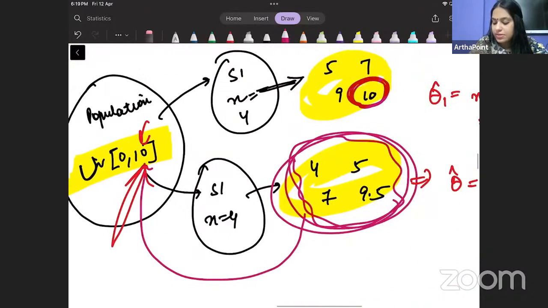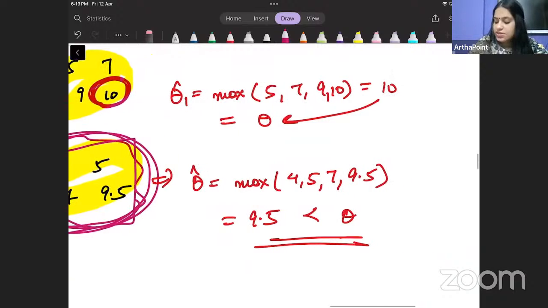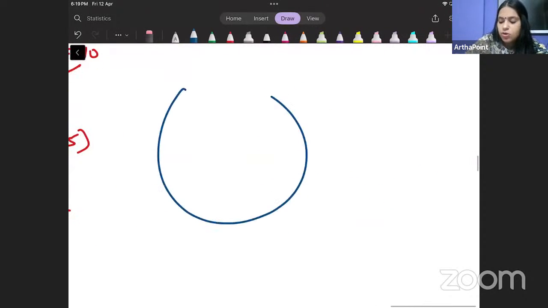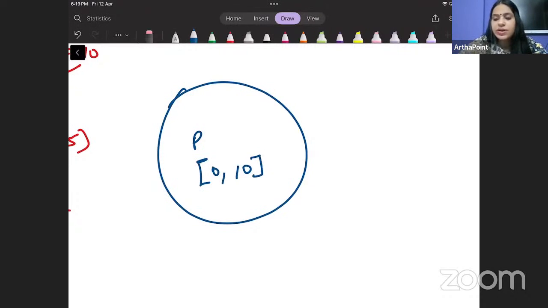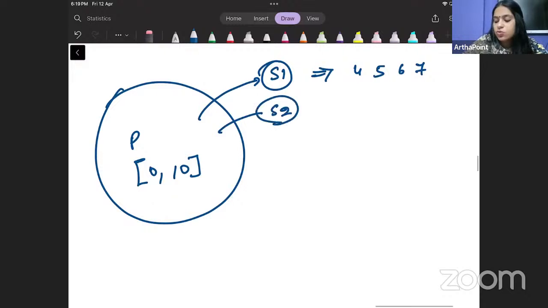In this example we saw it. So if the maximum value of this sample comes out to be 9.5, suppose I took 3-4 samples, right? Suppose I tell you that this is my population, uniformly distributed between 0 and 10. I take sample 1, in it the observations are 4, 5, 6, 7. I take sample 2, the observations are 9.5, 8.7, 4, 1.